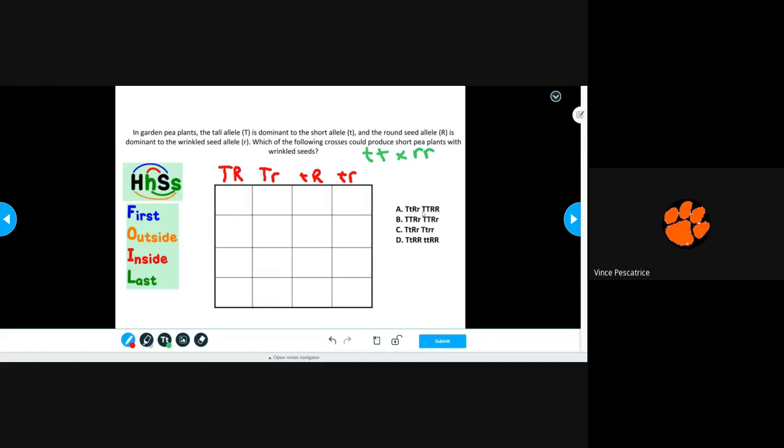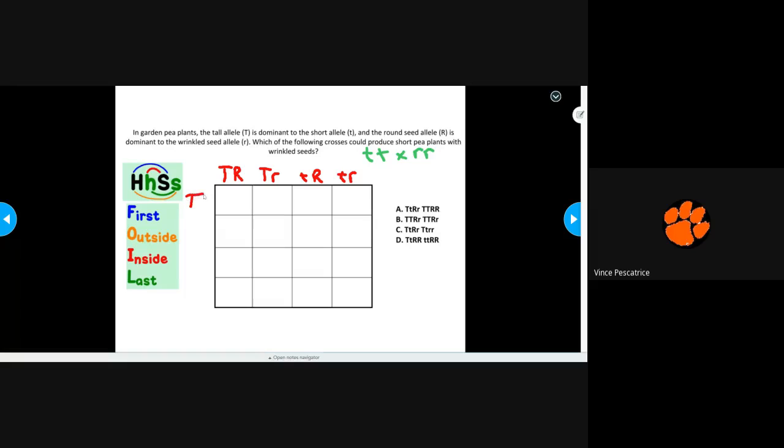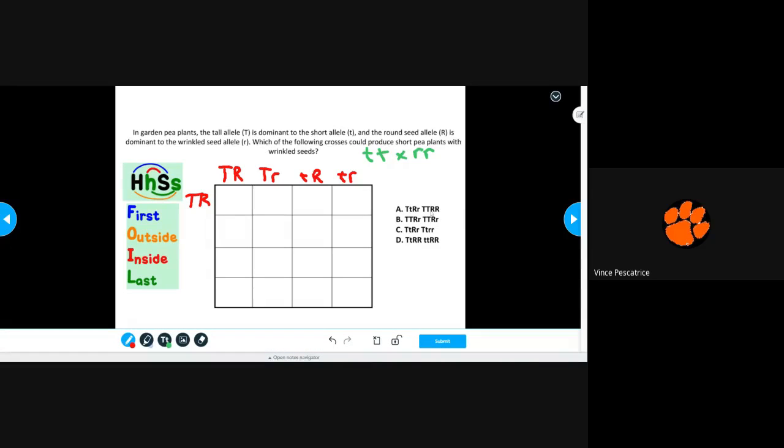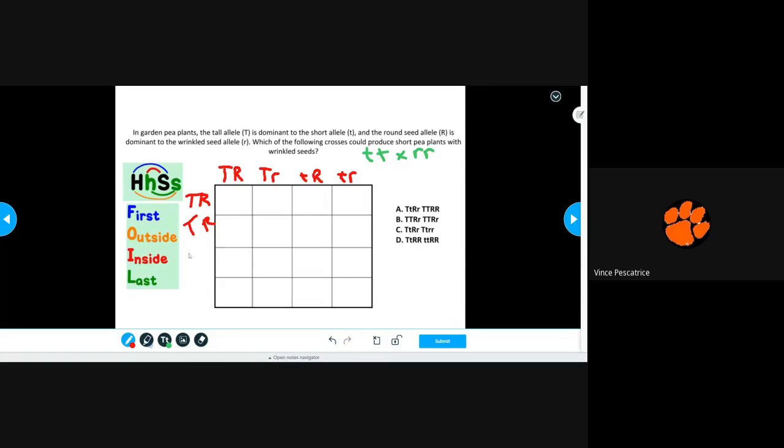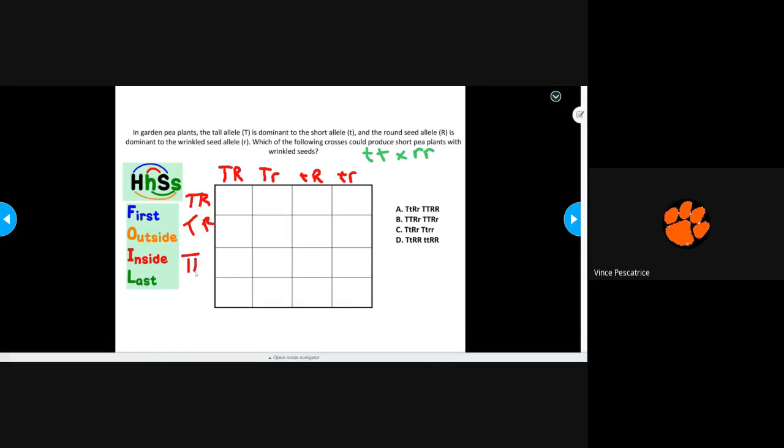So these are all going to be the same, because the first one is capital T, capital R. The second one would be the same thing. So the first outside would be T and R again. Oops. This last one would be another T and R, inside, and last.